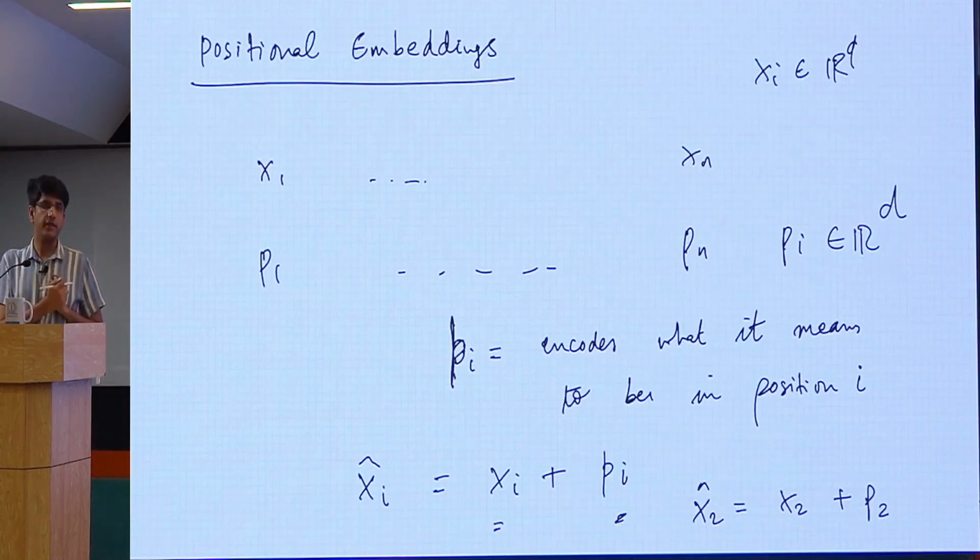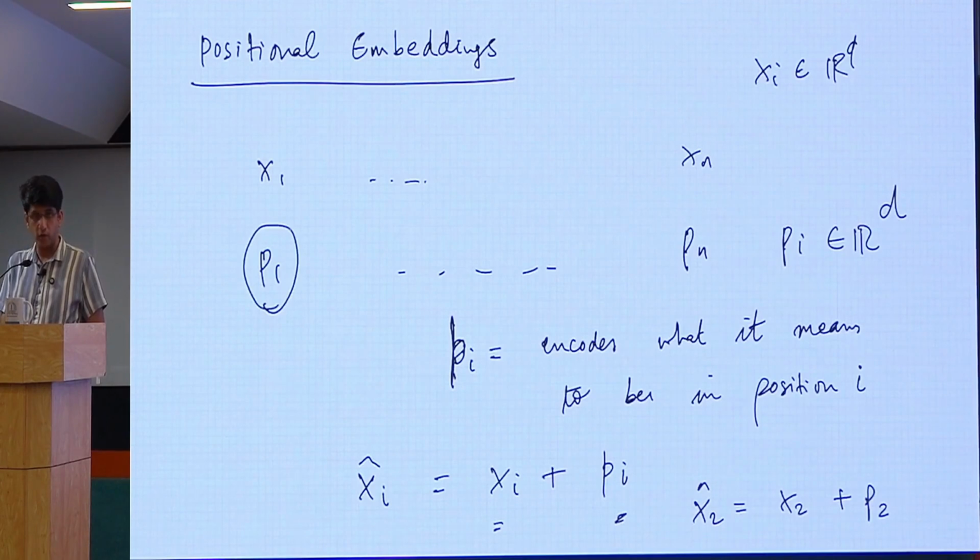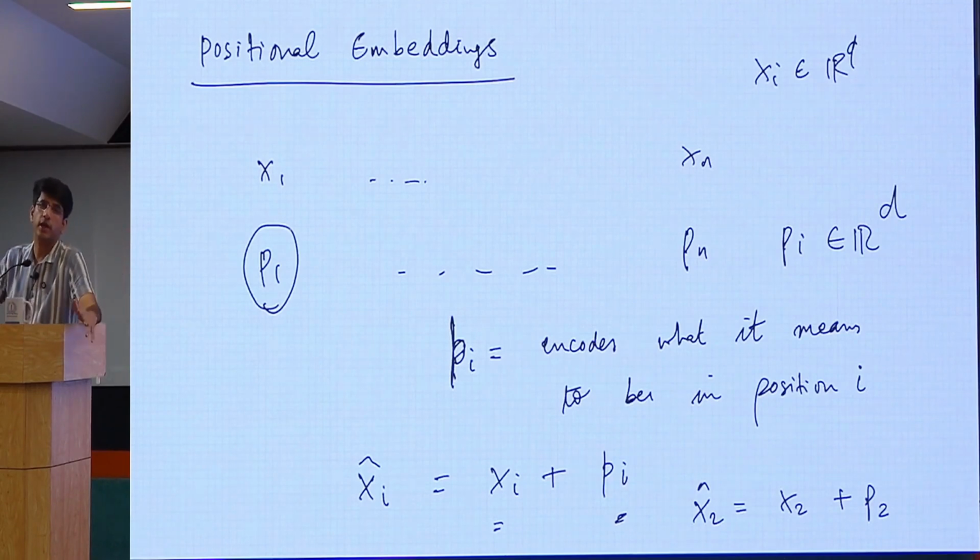Again, this may not be very intuitive. What is the role of p? But think about it this way. Every time I see the first word, I'm adding a fixed vector p1. Similarly, every time I see the 10th word, I'm adding the same vector to it. So if the 10th word has a unique function, that information will be encoded in p10, loosely speaking.